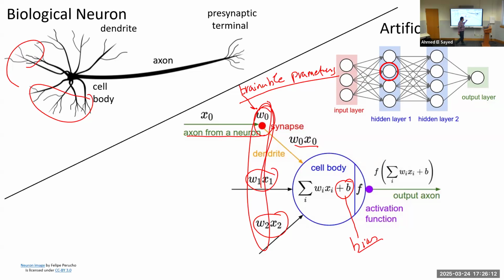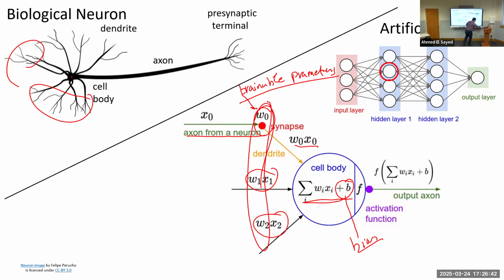This bias comes from the internal characteristic of the neuron. Like sometimes you hear that someone has high electricity in his brain, right? So this means the bias is a little bit high. Okay? After that, if the value of the signal reaches a specific threshold, we will start to fire to the next step.